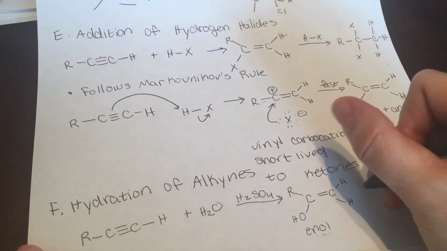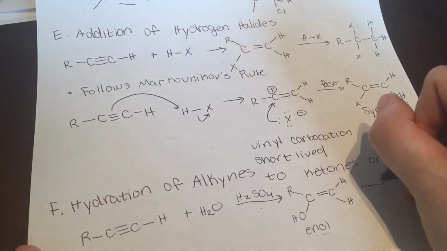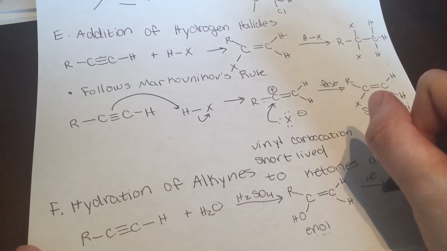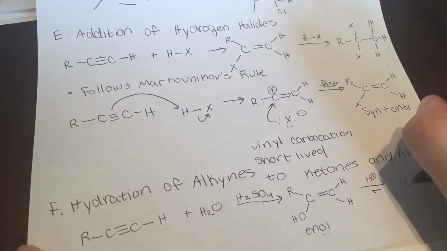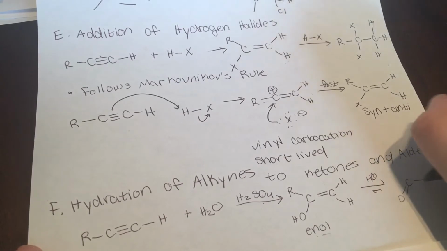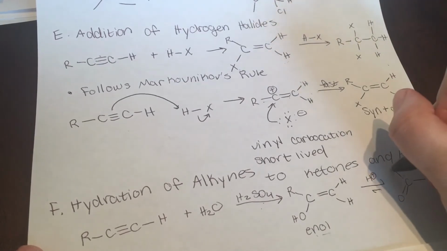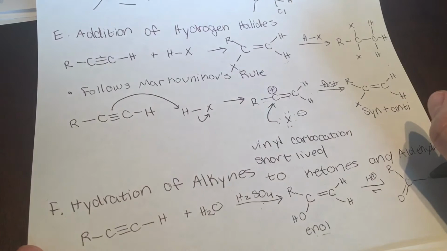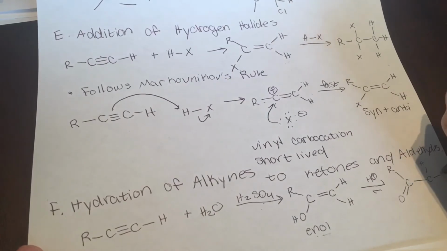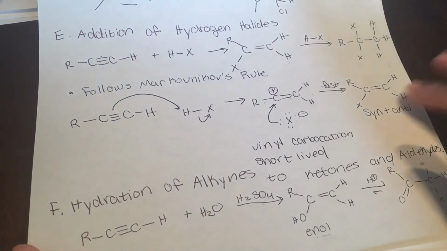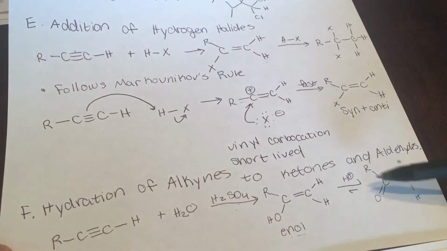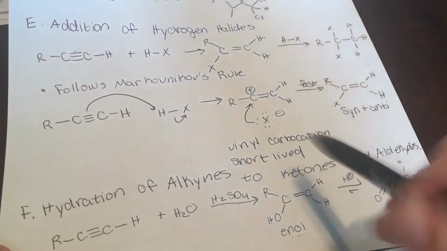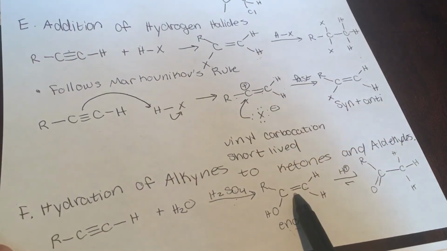I know that's a mouthful. But what happens is it's an equilibrium, heavily favoring the keto form. And what that looks like is this guy here. The only difference between these two is the placement of the pi electrons.